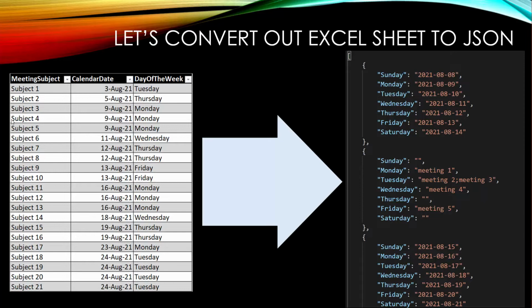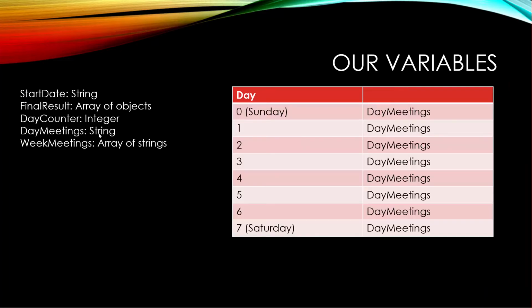So basically, the variable that I'm creating now is going to navigate through every single meeting that is available for a single date and put all those meeting subjects under one string that eventually I can add to a bigger array. So basically, day meetings is going to be the concatenation of all the meetings in one day, and on every iteration, I want to get that one and add it to another array, which is going to be week meetings. Week meetings is going to be an array of strings that will have day meetings for every single one of these days.